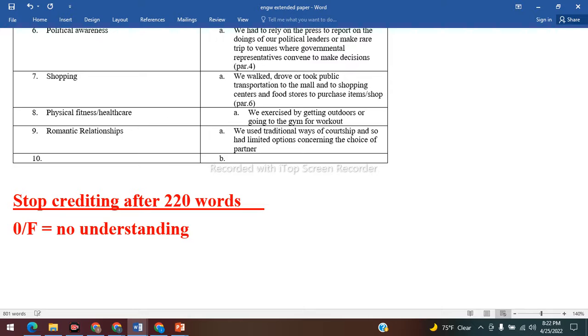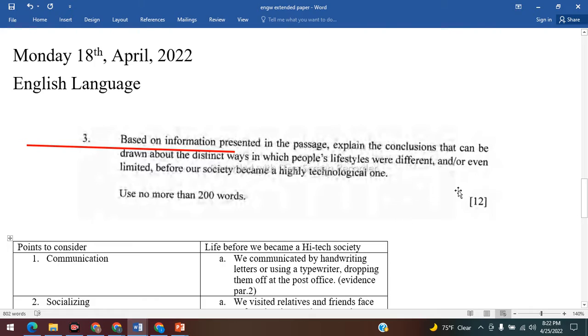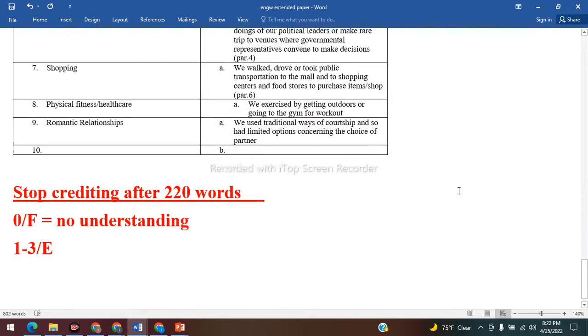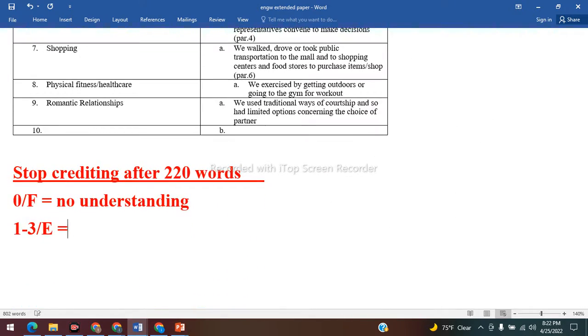Now they start giving 1 to 3. That's an E. When we say 1 to 3, that's out of 12. You get 1 to 3 if you explain at least one specific difference.